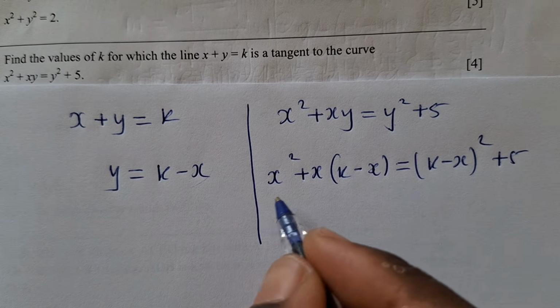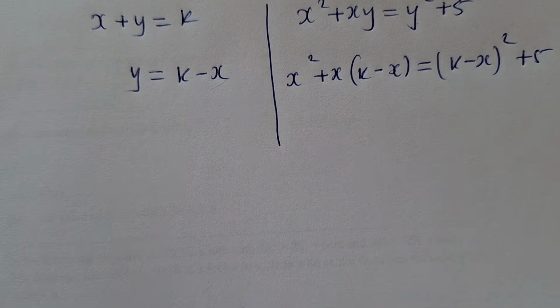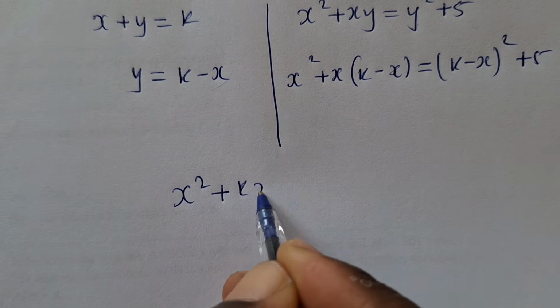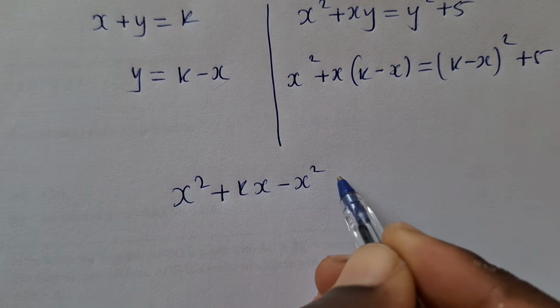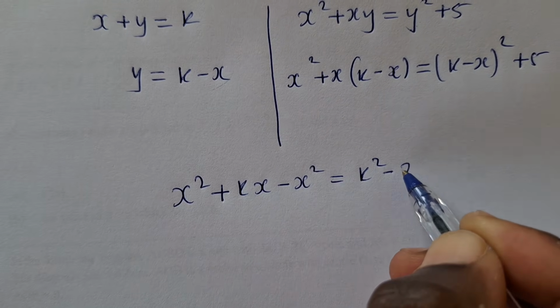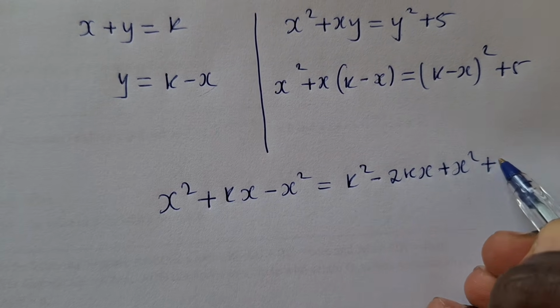So we simplify. It's giving us x squared plus kx minus x squared is equal to k squared minus 2kx plus x squared plus 5.